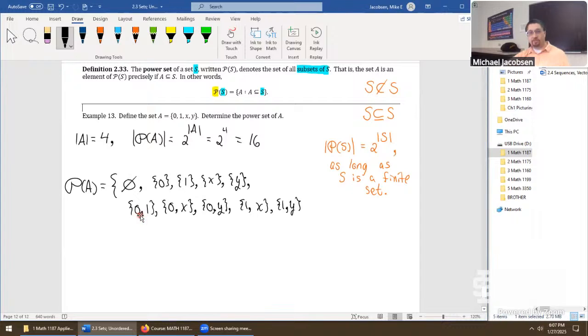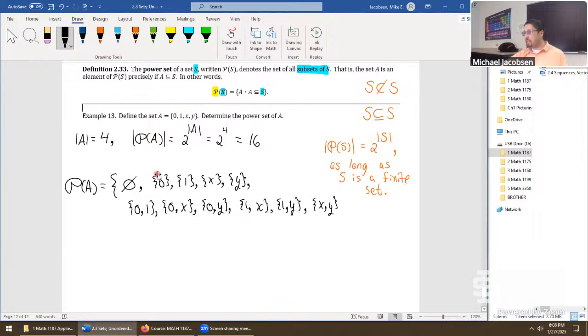Continuing with that strategy, we move over to X, but the only set of 2 elements I could form here would just be X and Y. Because the order doesn't matter in these sets, this is every single subset containing exactly 2 elements coming from A.